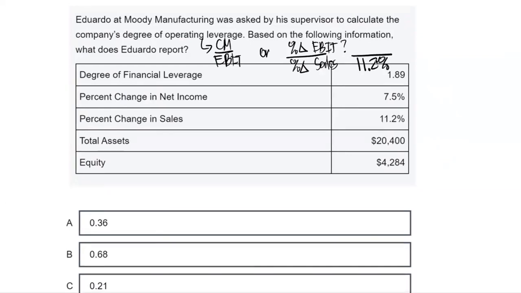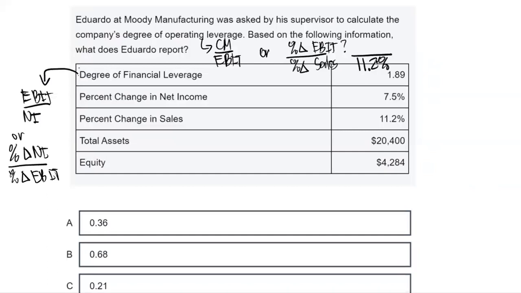What we could actually do here is compute for the percentage change in EBIT using the degree of financial leverage. Doesn't this degree of financial leverage also have two formulas? That would be our EBIT divided by our net income, or the percentage change in net income divided by percentage change in EBIT.